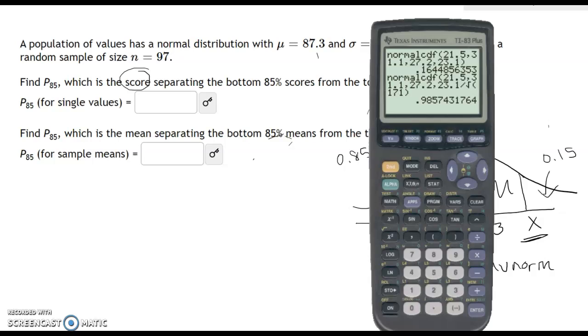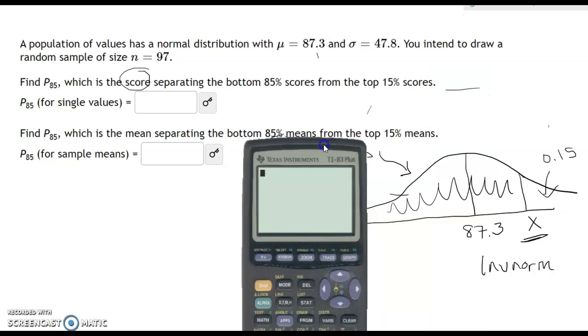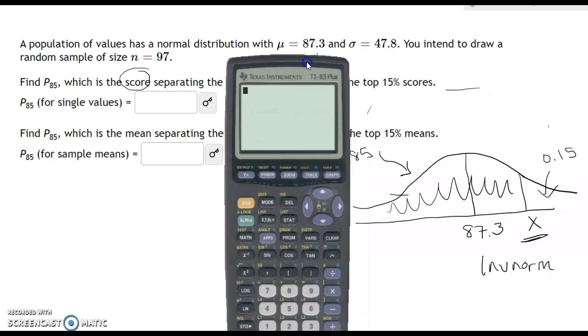Find my calculator again. I'm going to clear out the old stuff. I'm going to put this down here a bit so that I can see the calculator and also see all my information. This time I go second vars, scroll down to inverse norm. Now we're looking for the area under the curve, which is 0.85.